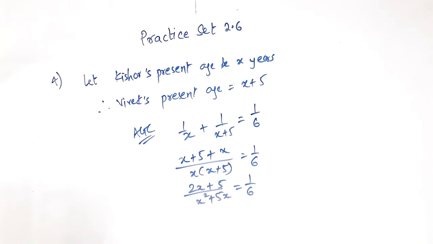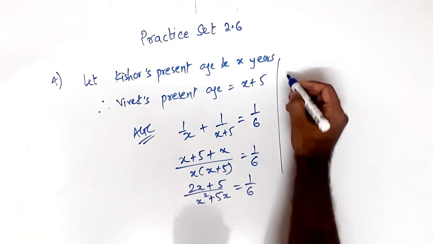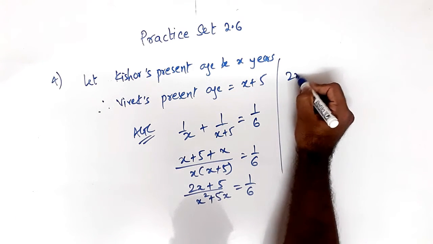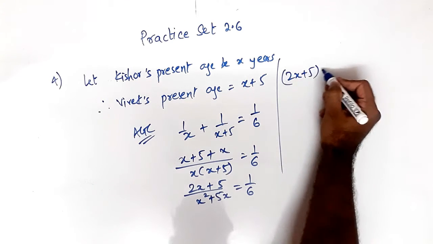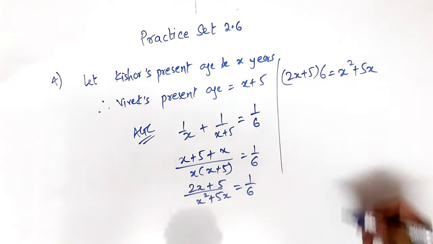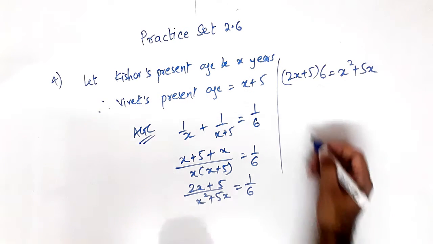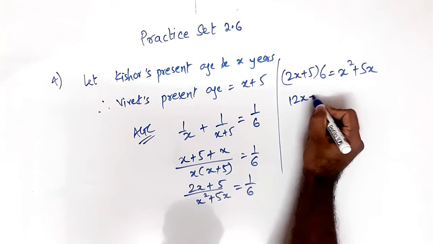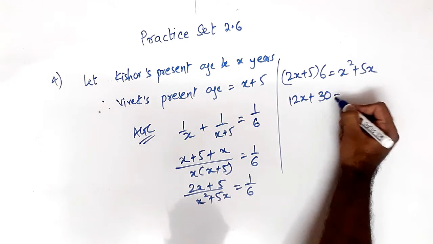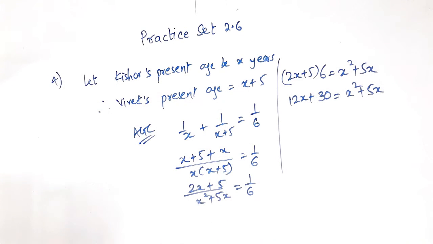So this will become 2x plus 5 bracket 6 equals x square plus 5x. Now this becomes 12x plus 30 equals x square plus 5x.